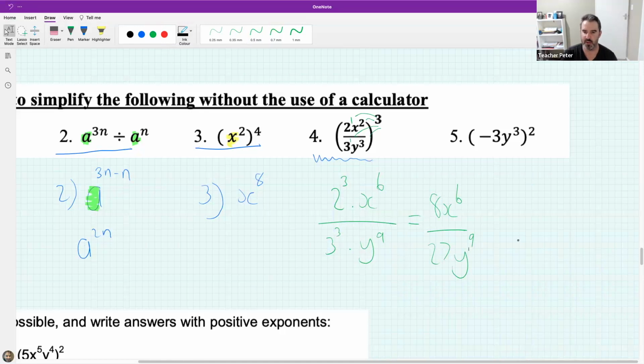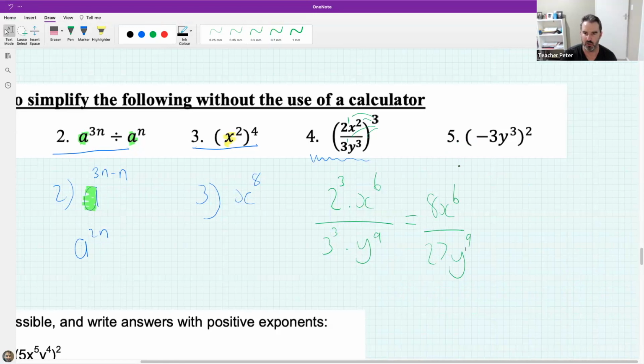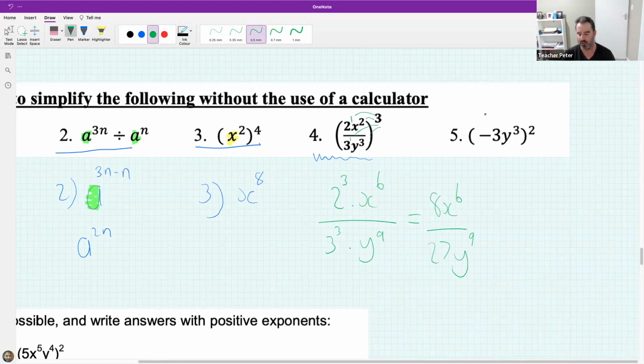Okay, let's try and do number 5. What makes number 5 hard or harder? Why has this teacher put this part in the question? What gives you the most stress when you look at question 5?